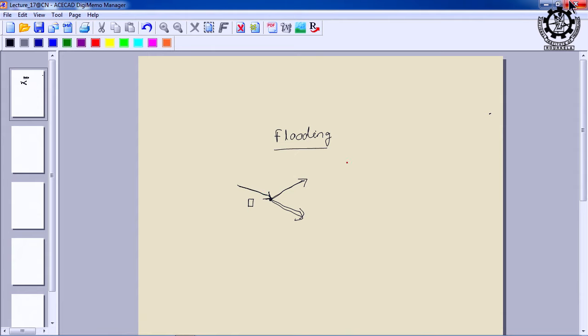So, imagine you have a topology like this.